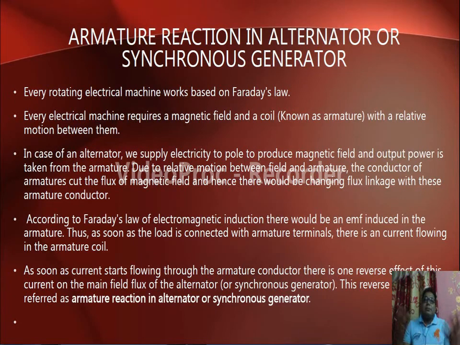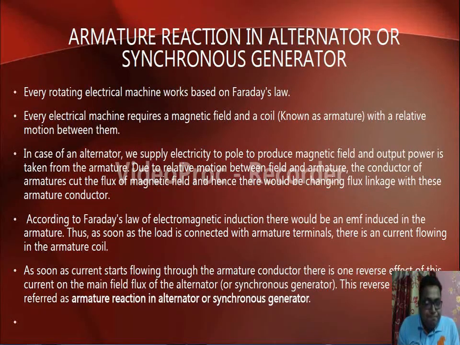Now when the armature conductors are connected to some sort of load, the armature winding circuit is complete. Then there is a flow of current, and when there is a flow of current in the armature, it generates its own flux. This armature flux is actually destroying the main field flux. So basically this phenomenon is known as the armature reaction.